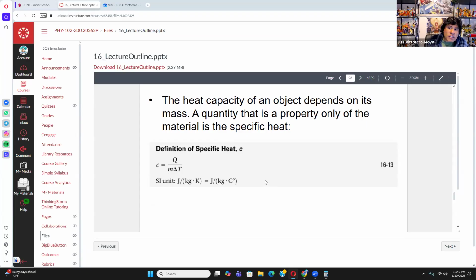That's why we have different specific heat capacities depending on the substance. Water has a very large specific heat capacity, meaning that you need a lot of energy to change the temperature of water by 1 Celsius. In joules per kilogram per Kelvin, or joules per kilogram per Celsius, the specific heat capacity of water is 4,186.